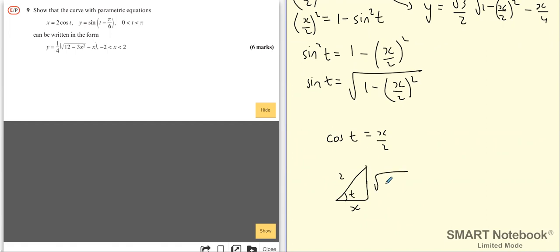So this is square root of 4 minus x squared. That's right, isn't it? That's what you got.